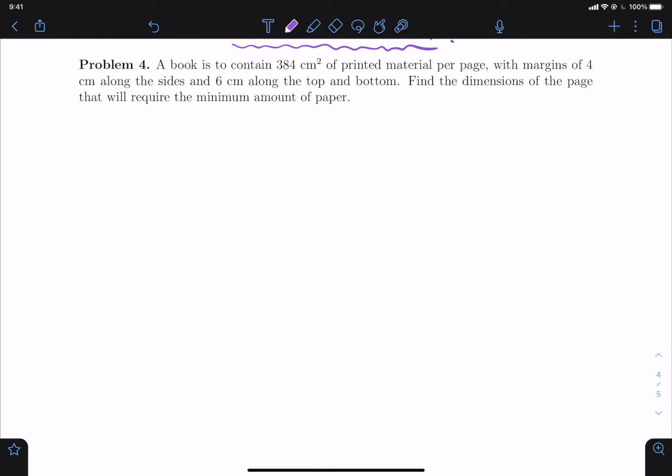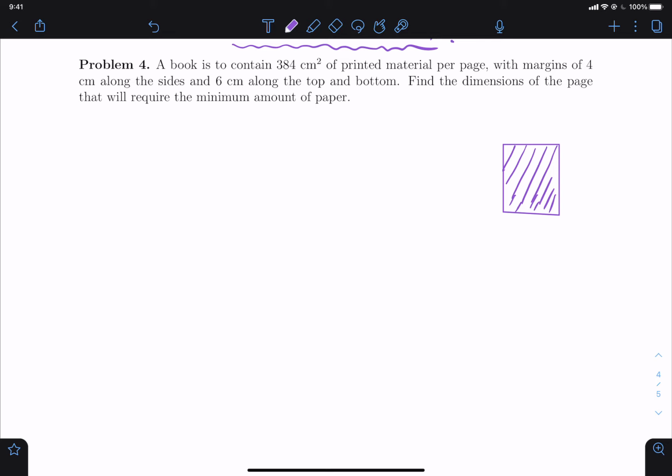That means the actual area of the image that must be printed out is here. So that is the area of the image, right? It does not specify the dimension of it, right? It could be skinny or it could be very flat. So that is up to the design.